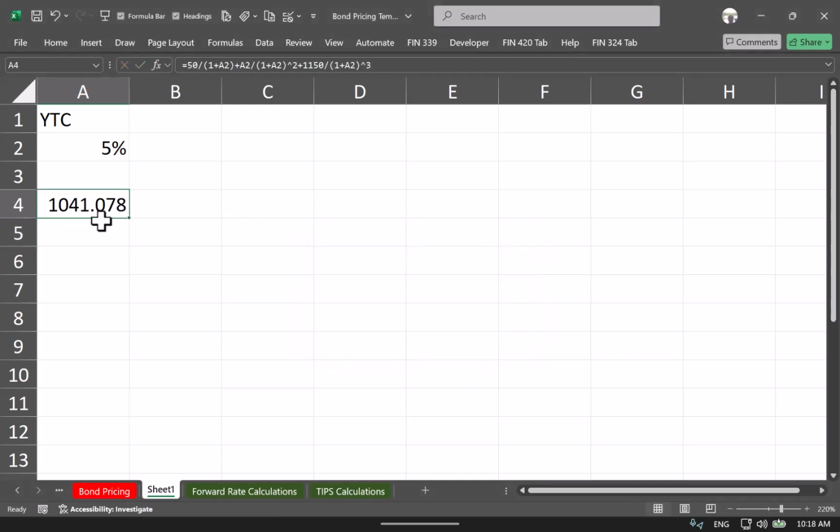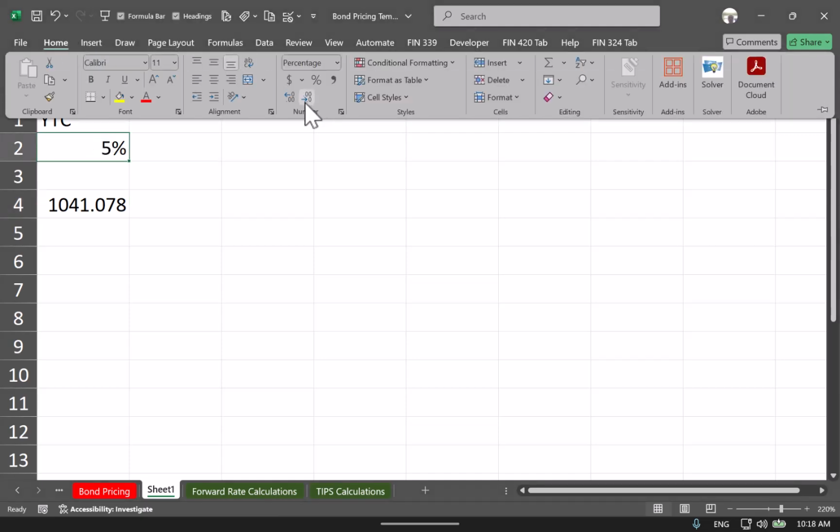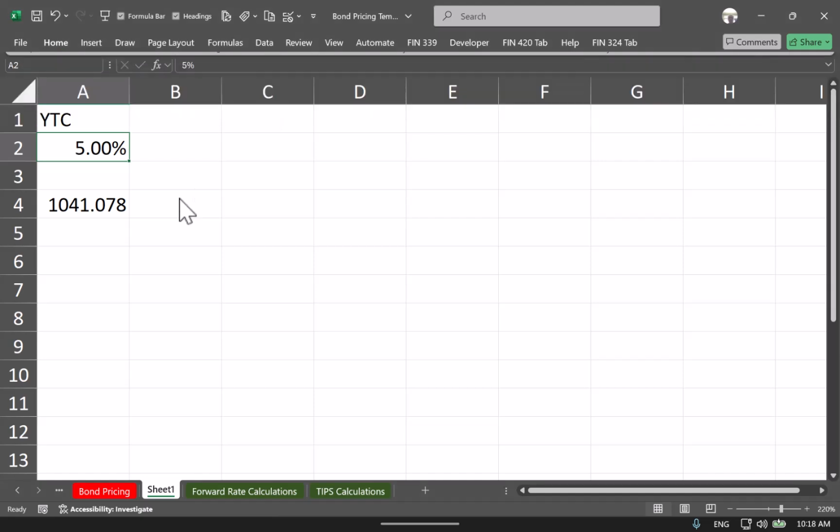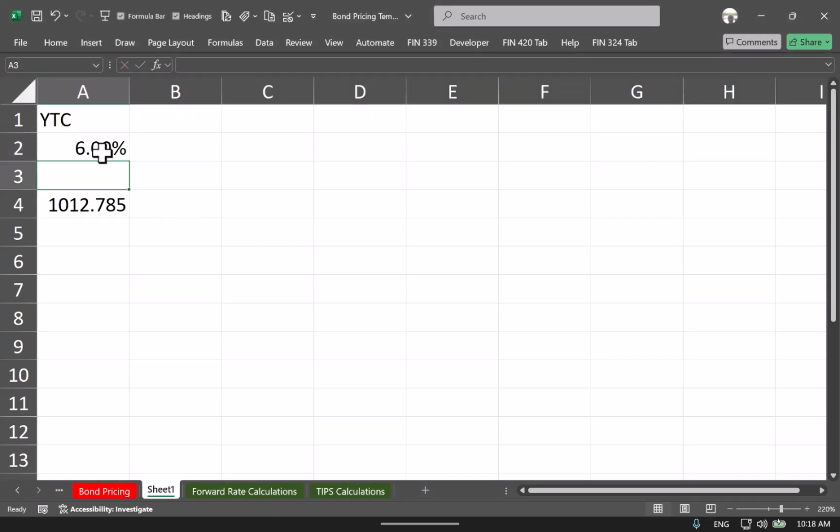So if yield to call is 5%, the bond should be valued at 1041. At 6%, a little bit less, at 7, less than 1,000. So it's somewhere between 6 and 7.